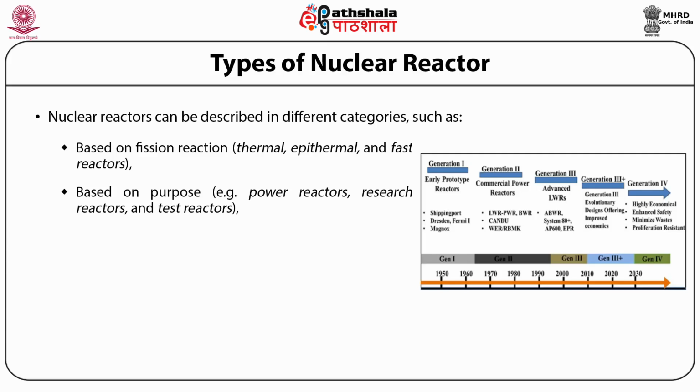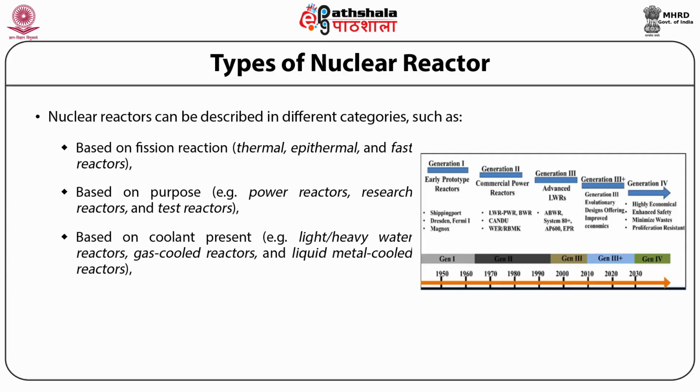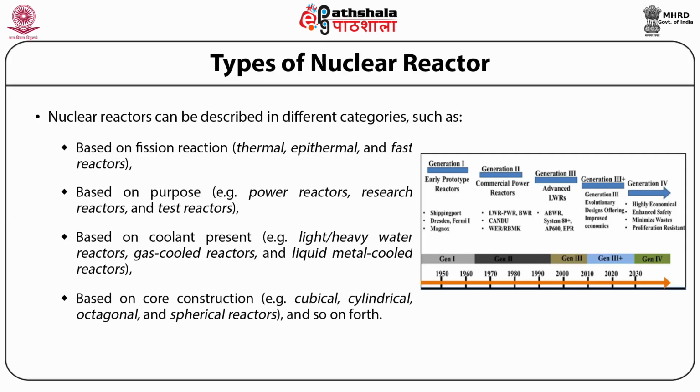Number 3, based on coolant present, for example, light and heavy water reactors, gas cooled reactors and liquid metal cooled reactors. Lastly, based on core construction, for example, cubical, cylindrical, octagonal and spherical reactors and so on. The various generations of nuclear reactors are shown in this figure.